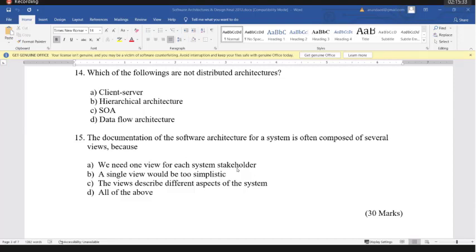A single view would be too simplistic. It's not a very sensible solution. Drop it, there's no rationale for that. Each view describes a different aspect of the system.